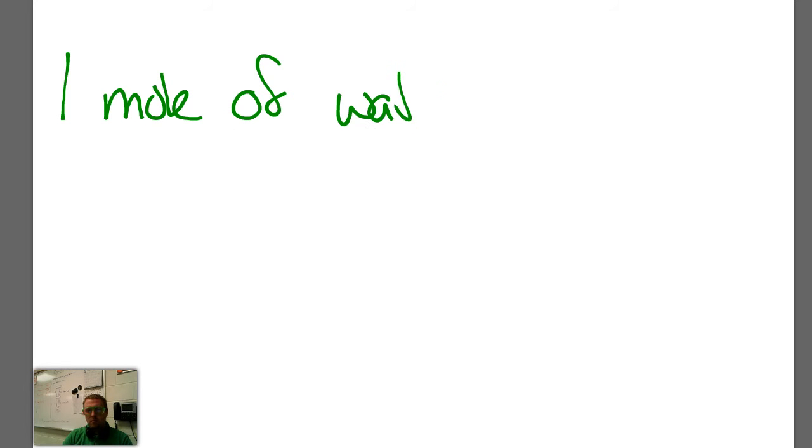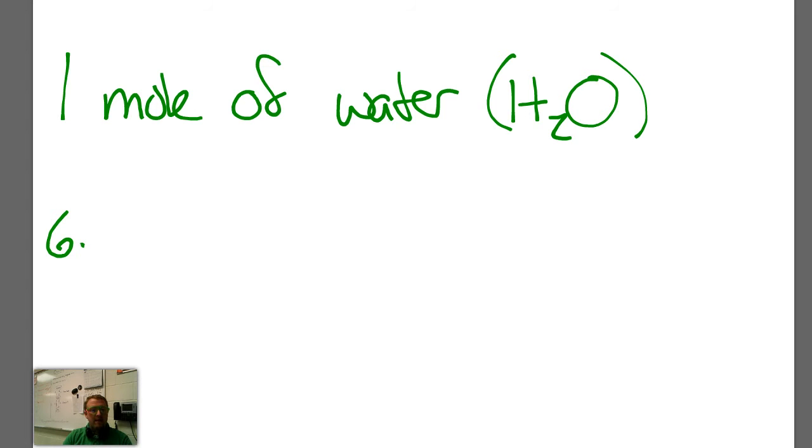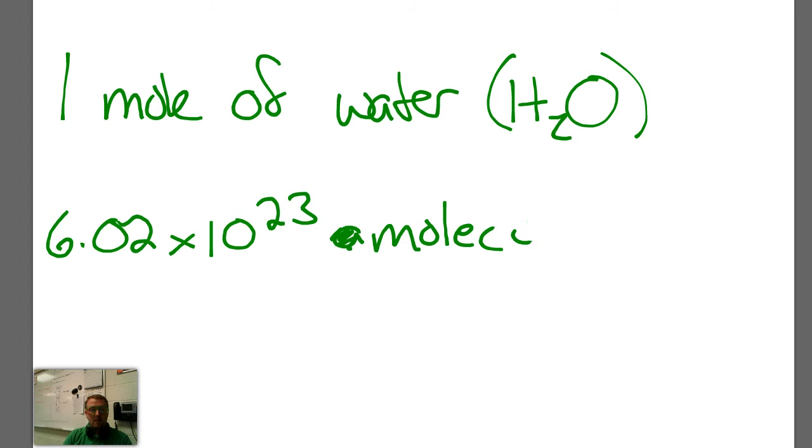If I had 1 mole of water, that's in liquid form, H2O. It could be solid, like ice, or liquid, or gas, like water vapor. But if I had 1 mole of water, that means I'd have 6.02 times 10 to the 23rd molecules of H2O.